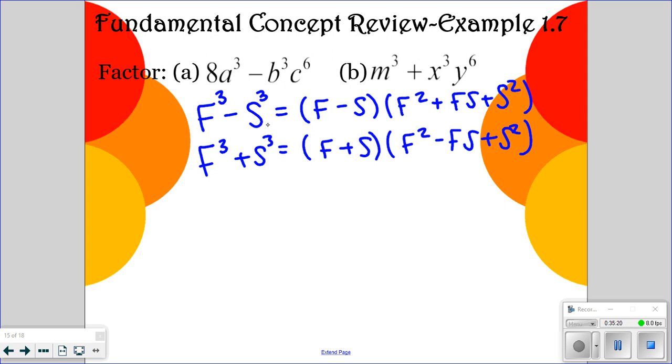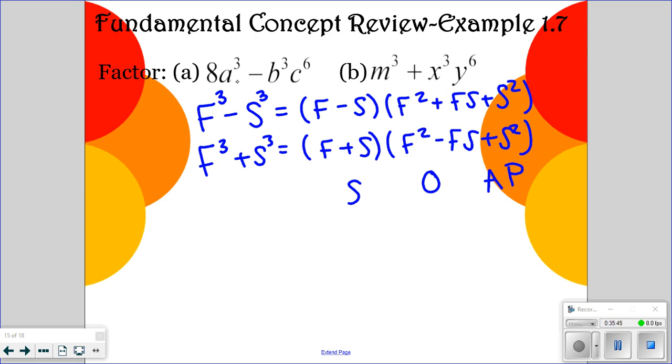The first sign is the same as whatever you start with, so these are the same. The second one is always opposite. And then the last one is always positive, always a plus sign. So SOAP, if you remember that.